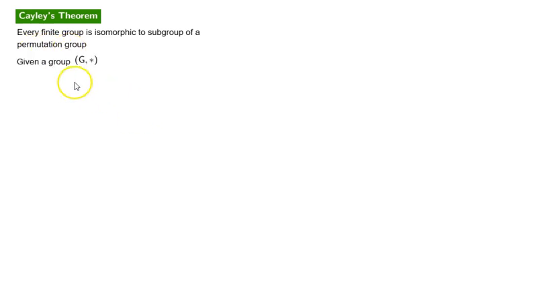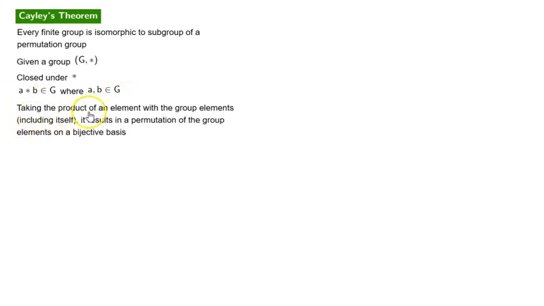So let's see. Given a group G under an operation star, it is closed under the group operation. That means A times B is in G, where A and B are also in G. Now, taking the product of an element with the group elements, including itself, results in a permutation of the group elements on a bijective basis.